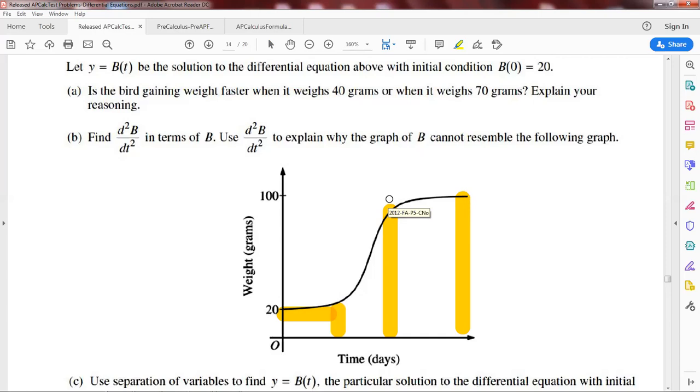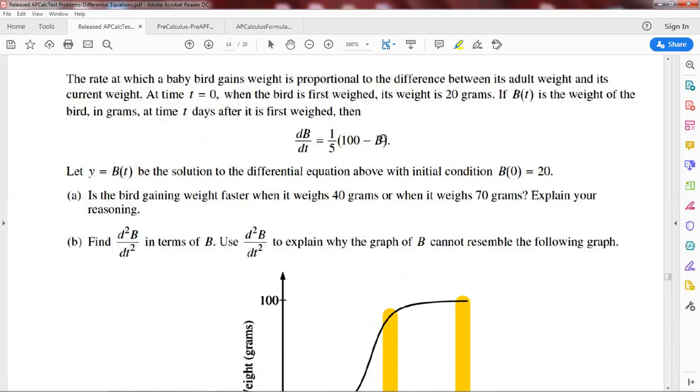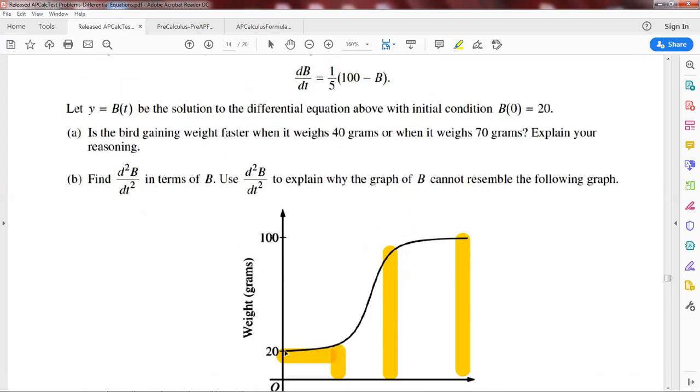No, because if you see this graph, when B is 20, the rate of change is 80/25. It's the highest. So the slope of the tangent line is very, very sharp. Then as you approach 100, this goes decreasing. So pretty much the behavior is something like this, correct?